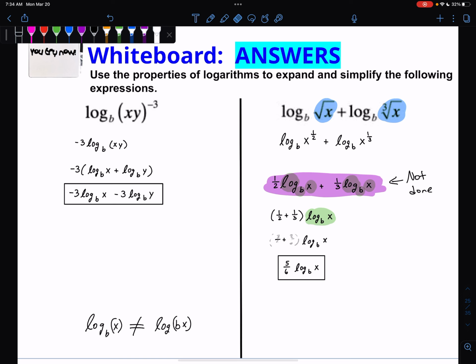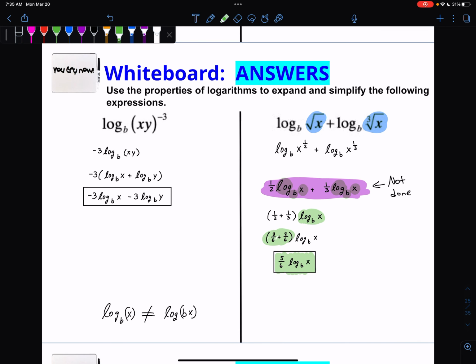I did a common denominator, and I got 5/6 log base b of x. So this would not have worked if one was x and one was y, log base b. But because they are both x, I can, in fact, go ahead and factor out this front fraction that we have, the 1/2 and the 1/3. So what I'm really doing is factoring out the log base b of x, and I'm able to add and combine those fractions into 5/6.